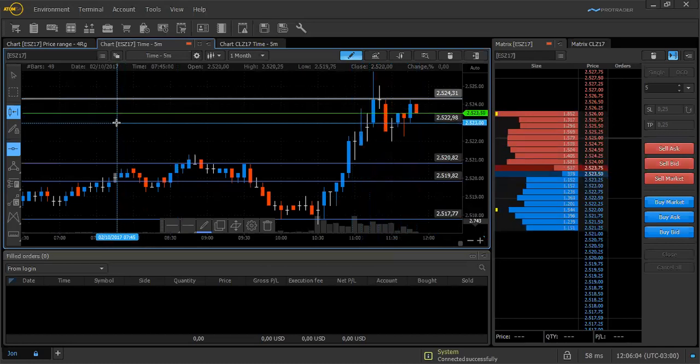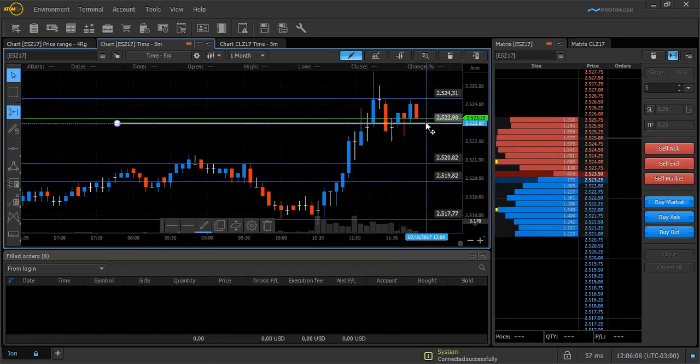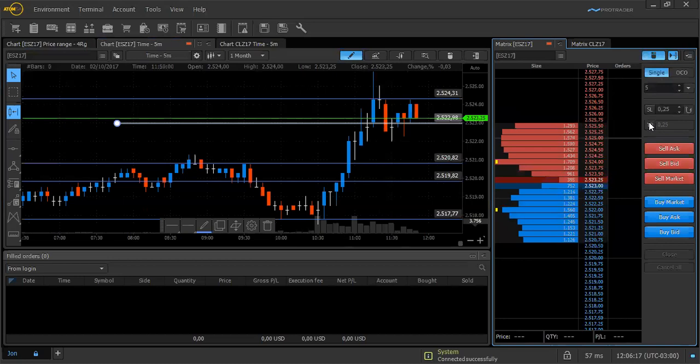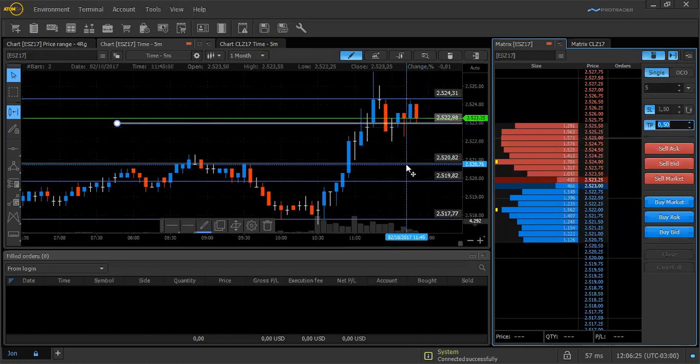Let's go for it. The thing is, the price is actually too close to our support lines, so I would not advise you guys to trade very close to the level of price that has been traded right now. We would rather look for another resistance or support lines.